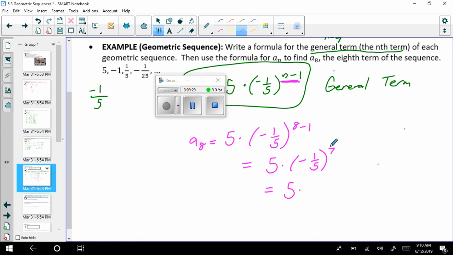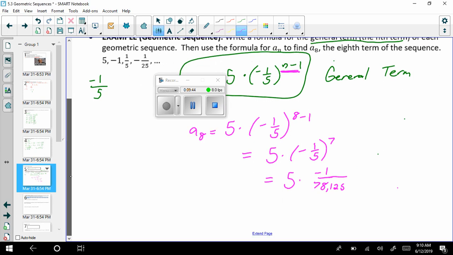So negative 1 raised to the 7th power. If you do that, that's still negative 1. And then I want you to do 5 to the 7th. 5 to the 7th is a big number. And then the last step is to multiply them together. So I would get negative 5 over this lovely denominator.